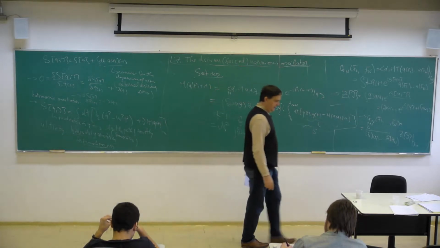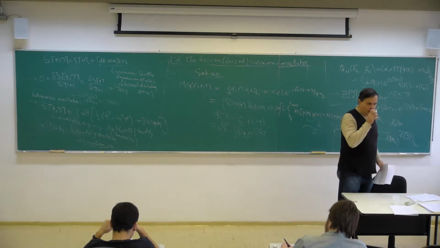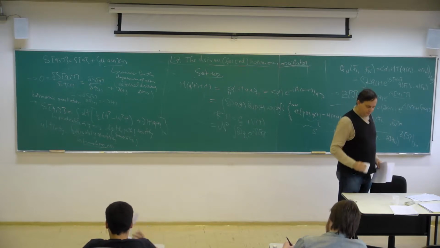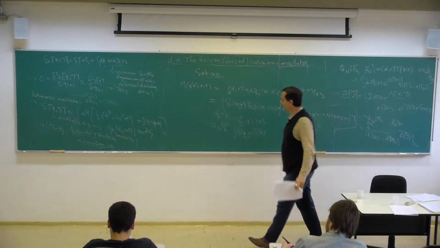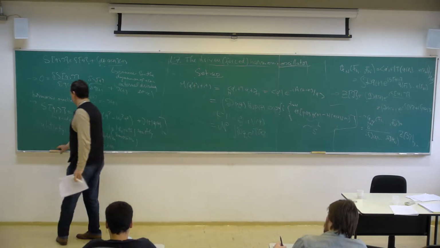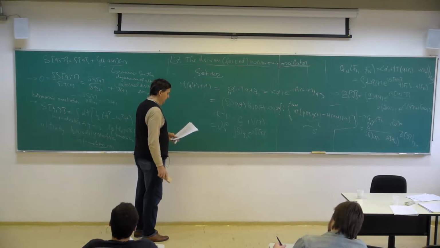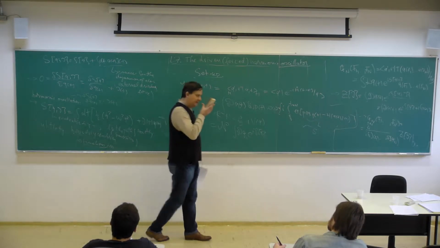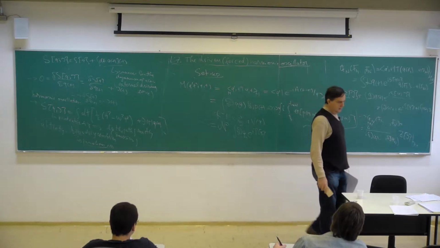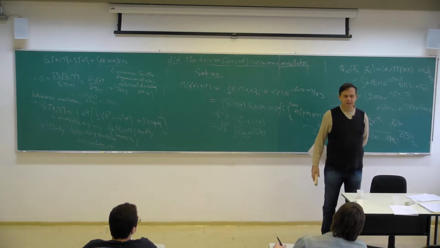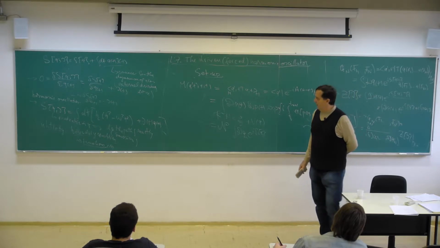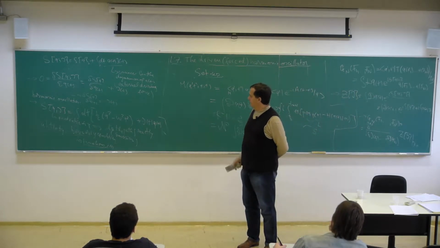So let's try to understand that. We'll do this in two steps. First, we'll do a more sloppy treatment that is meant to emphasize the general theory behind how you do such a path integral.